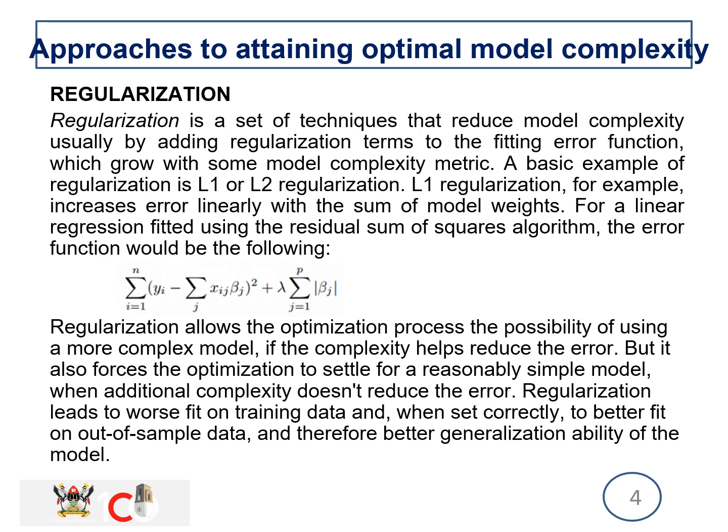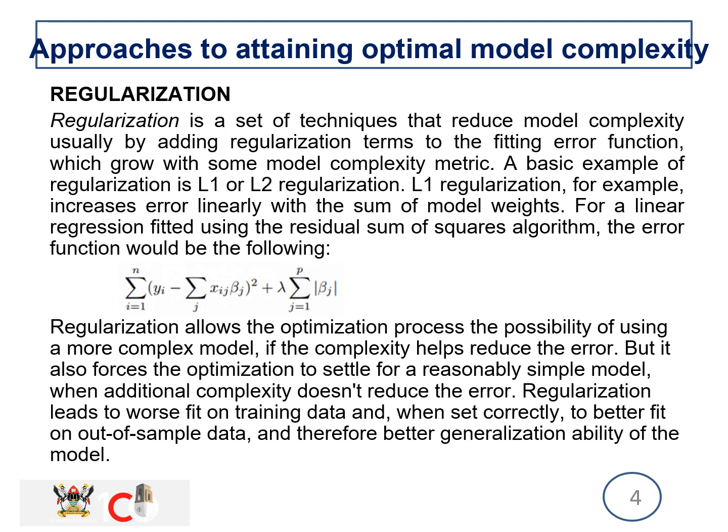L1 regularization, for example, increases error linearly with the sum of model weights. For a linear regression fitted using the residual sum of squares algorithm, the error function would be the following, which is in this equation.